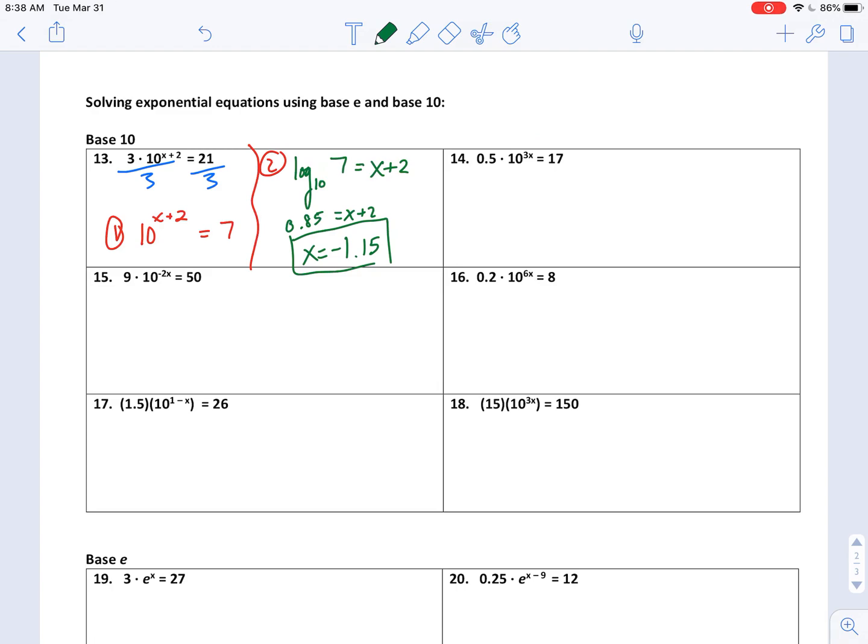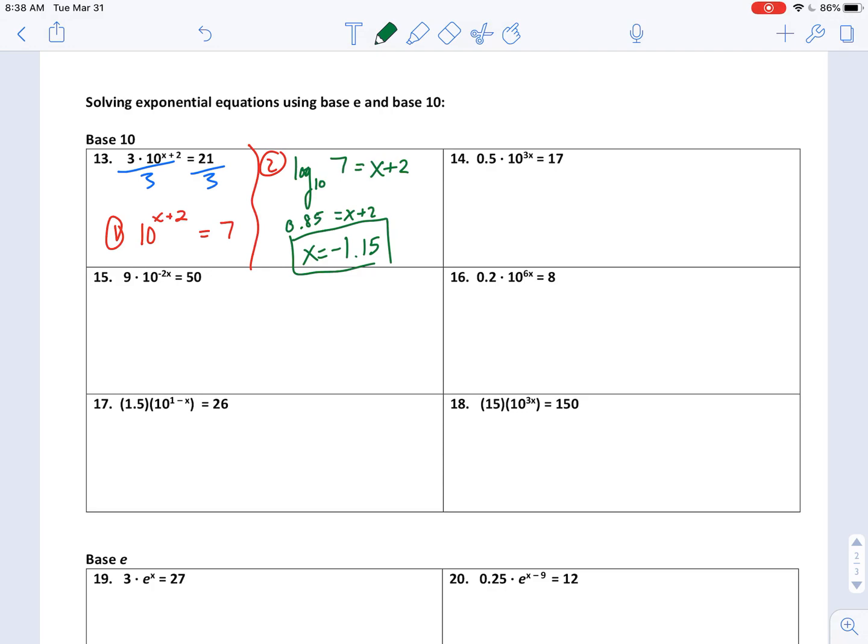So our first step will always be to get the exponent by itself. That'll be the first step, and the second step will be to write as a log and then simplify.